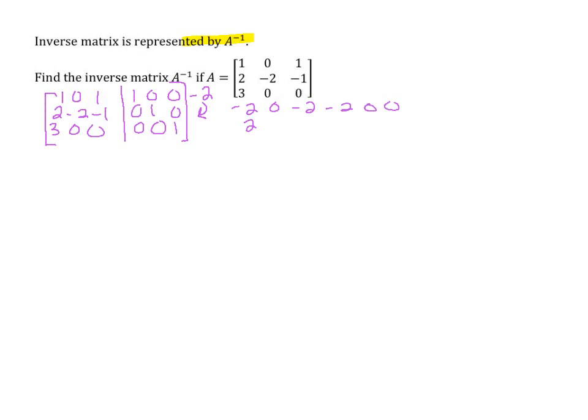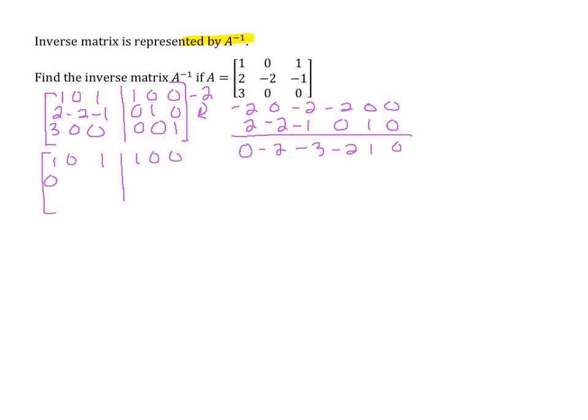Add that to my middle row, which I'm not multiplying by anything: 0, negative 2, negative 3, negative 2, 1, and 0. My new middle row is 0, negative 2, negative 3, negative 2, 1, 0. And my bottom row we haven't done anything with, so we'll just leave that as is.